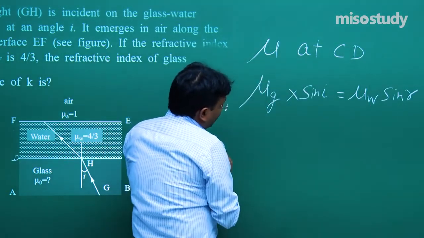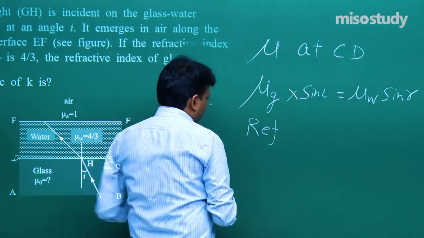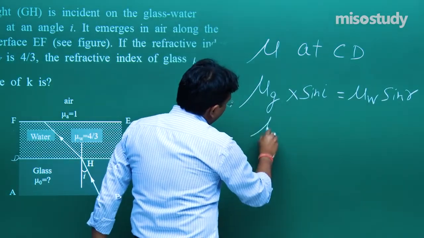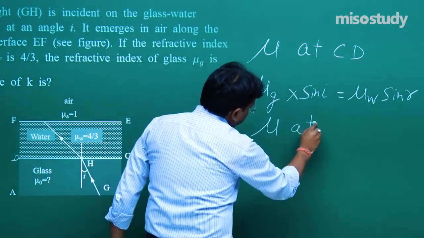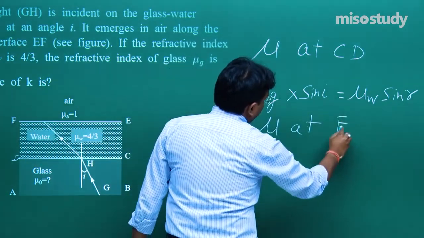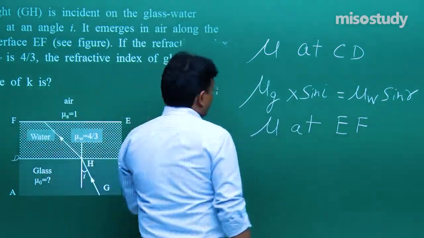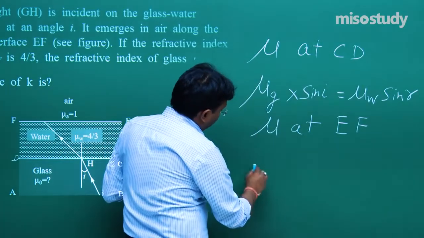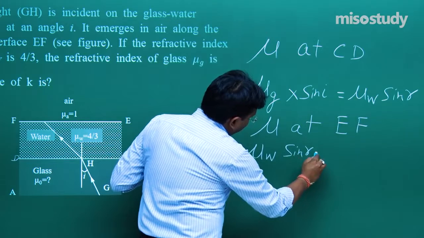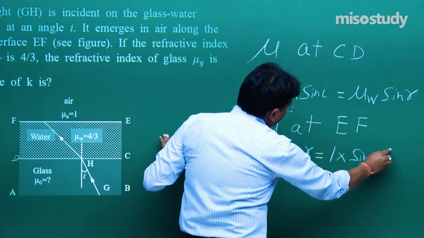Okay. Now, refractive index, don't write it like this. Mu at EF, C, D, E, F. So, mu at EF is mu W sin r is equal to 1 into sin 90. Why?